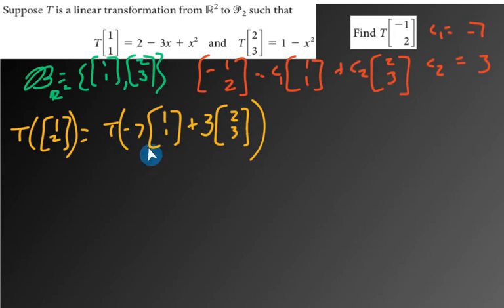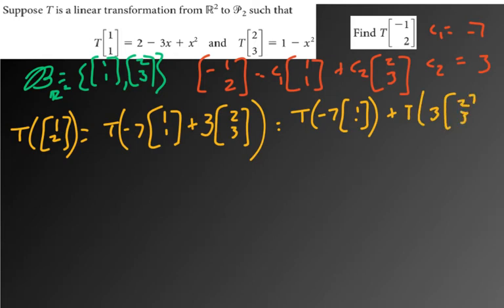I don't have to be worried that it's not going to map properly to P2. The linear transformation will work nicely with the basis. So now I can just do T of each of these, because it's a linear transformation: T of negative 7 times (1, 1), plus T of 3 times (2, 3). And then you probably see where this is going.